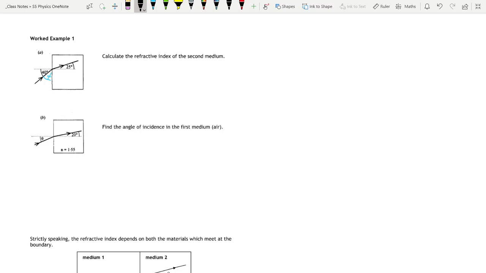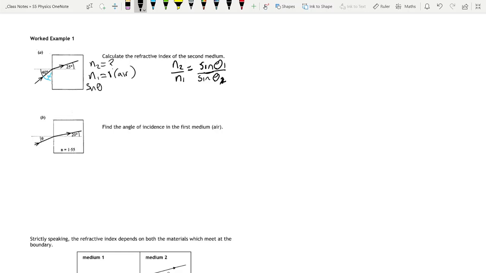Remember, this is why I like looking at n2 divided by n1 equals sine theta 1 divided by sine theta 2, because it helps us think about the different materials. So n2 is what we want to find out, the refractive index of the second medium. n1, if it doesn't tell us, we always just assume it's going from air into something else, so it's just 1.